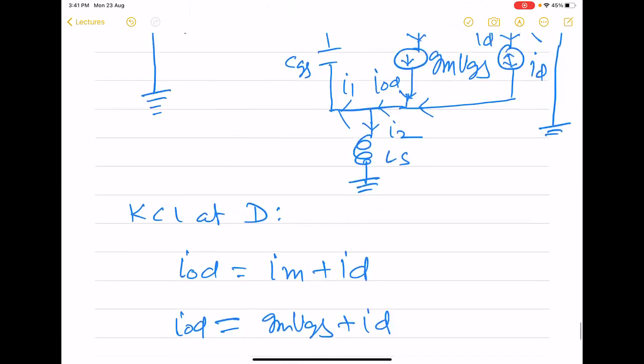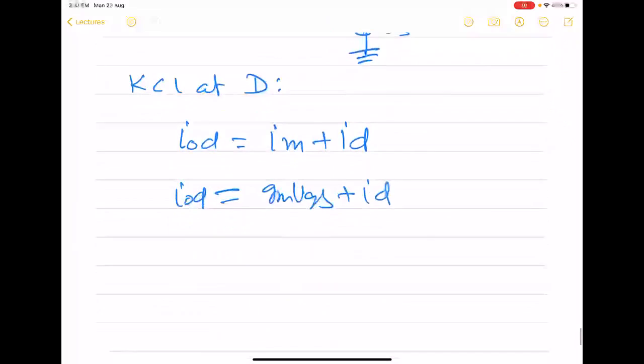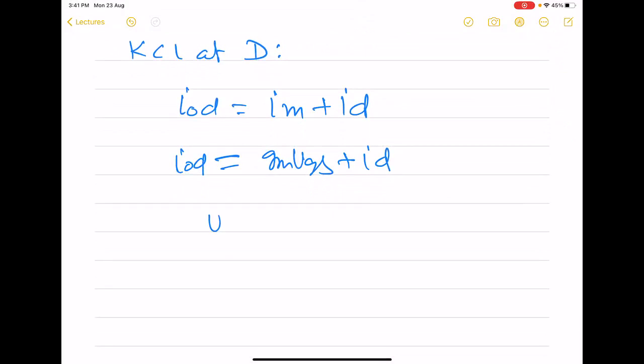So we need to find out VGS, which is this voltage. And this voltage is the negative of the voltage developed because of the flow of current I1. So VGS is minus I1 into 1 by j omega CGS.